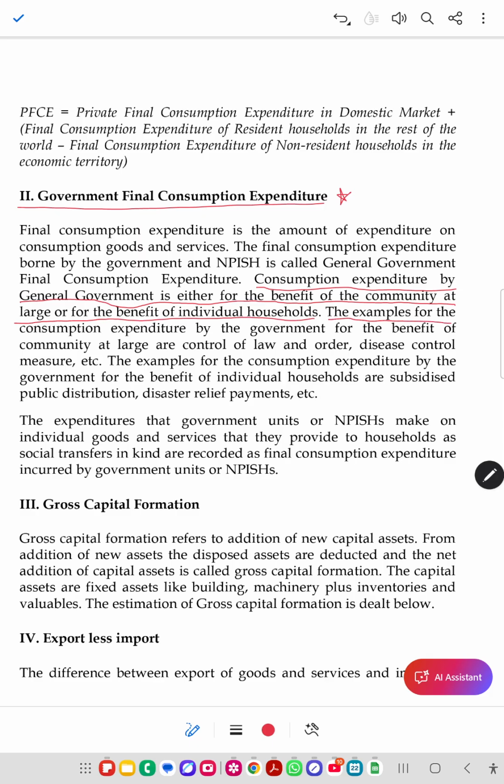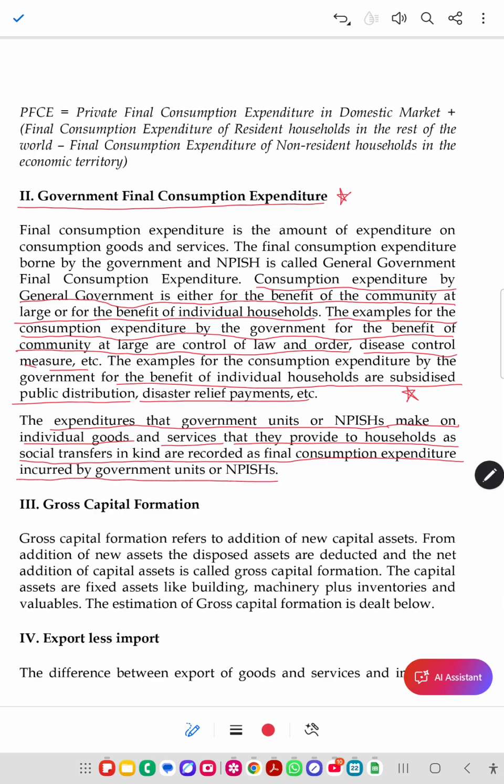Examples of consumption expenditure by the government for the benefit of the community at large are control of law and order, disease control measures, etc. Examples of consumption expenditure by the government for the benefit of individual households are subsidized public distribution, disaster relief payments, etc. The expenditure that government units or NPISHs make on individual goods and services that they provide to households as social transfers in kind is recorded as final consumption expenditure incurred by the government units or NPISH.